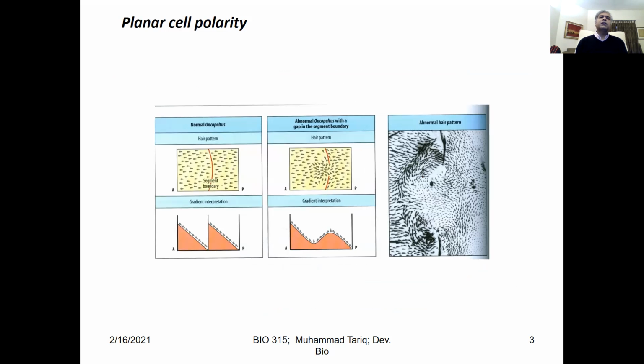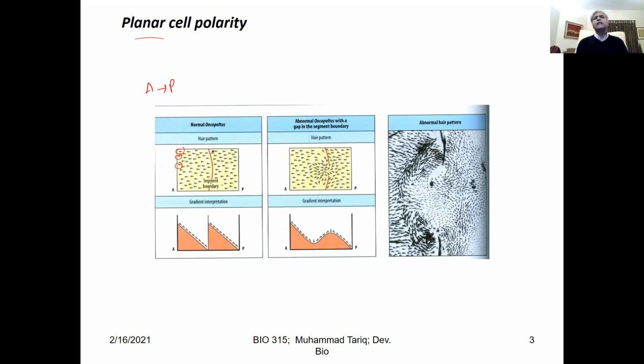We also talked in the previous lecture about planar cell polarity, where each cell in the body has a polarity. Each cell has anterior and posterior polarity. For example, if you look here, a bristle which emerges from the abdomen points towards the posterior side. So this cell has a specific anterior and posterior polarity, and that phenomenon is called planar cell polarity.